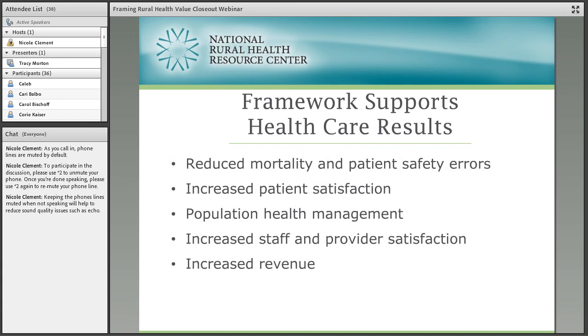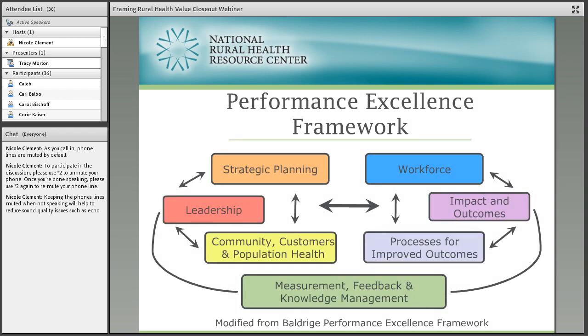And what this framework can help us do, as we've discussed previously, is to reduce mortality and patient safety errors, increase our patient satisfaction, bring population health management into the realm of the critical access hospital, and have increased staff and provider satisfaction, increased revenue. I think all of these things are desirable in a workplace, and for us as folks involved with the state flex programs, in a program that we're trying to support, one that's really more patient-centered versus one that's volume and cost-centered.